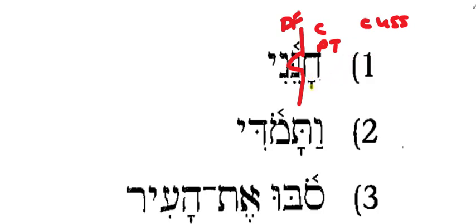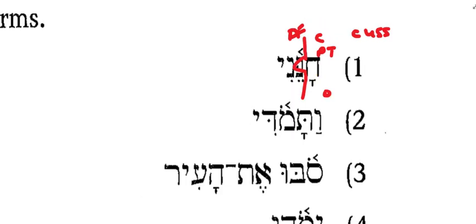So is that long or short? It's gotta be short. So this is the short O. It's chon. Choneni. Okay? We all good? Stretch the gray matter there. Working the old gray cells.